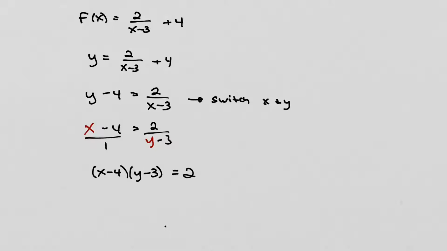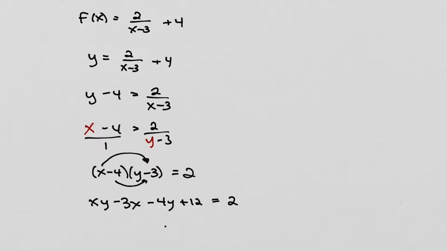Now remember, I'm trying to solve this for y. So let's go ahead and multiply this out and then isolate the y variable. So if I FOIL this out, take the x times everything in here, I'll get an x times y minus a 3x. And if I take the negative 4 times everything in there, I get a negative 4y and then a positive 12. So that's the left-hand side, and remember that's going to equal 2. All right, let me get a little more space here, and let me go back up top.